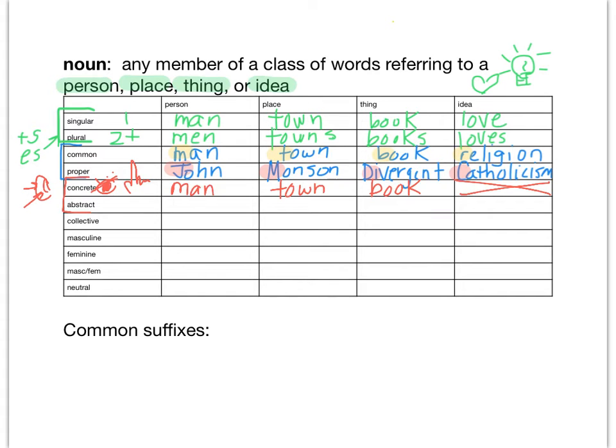Abstract is kind of a synonym for the idea nouns. An abstract noun is an emotion or a concept, something that is in your head or your heart, but you can't really pick up. It doesn't have shape. So we could make some arguments that maybe an abstract person might exist.